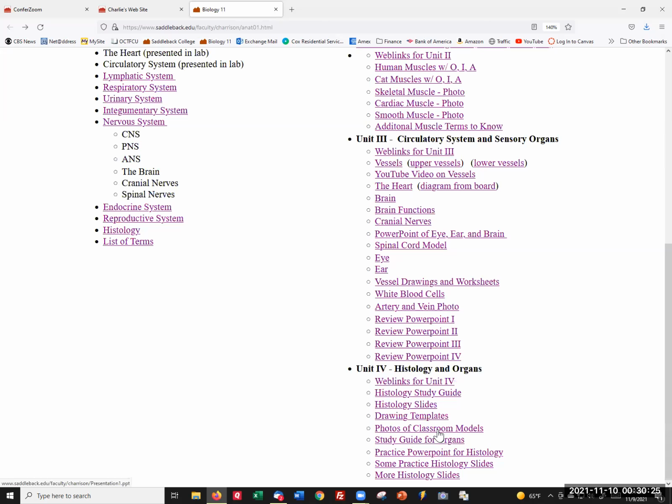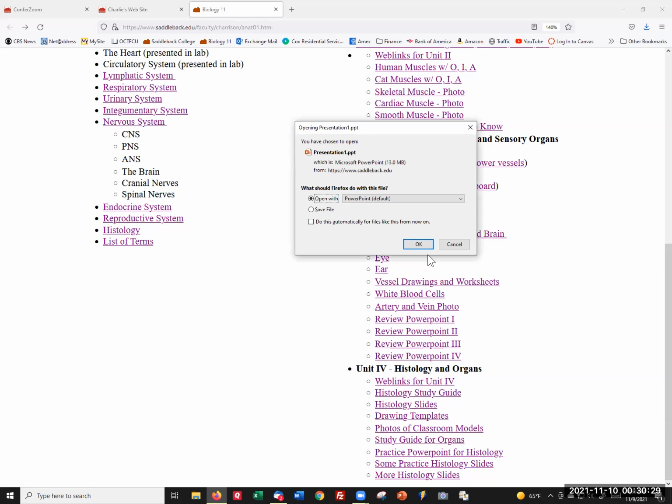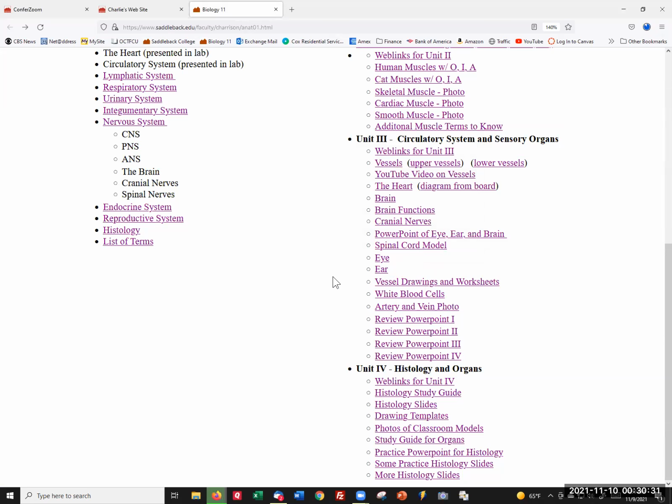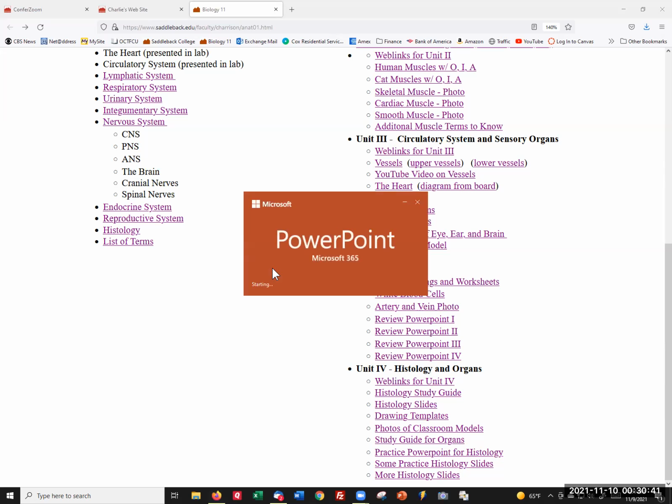Photos of classroom models are here, and they are not labeled much, but they are very familiar to you, I think, some of them. So you are going to be wanting to work off of my website at this point, in addition to our own material, of course.